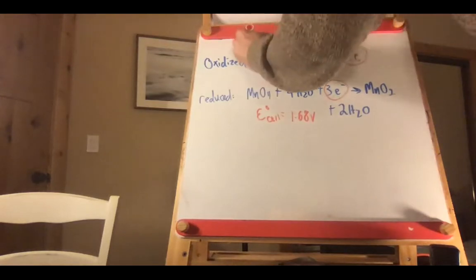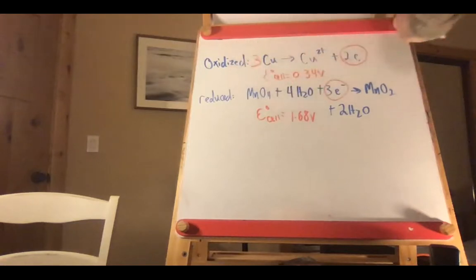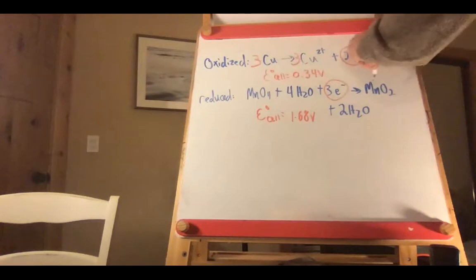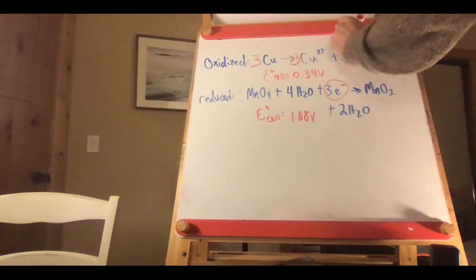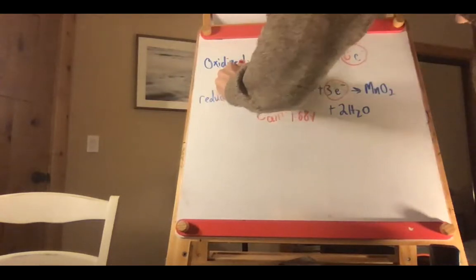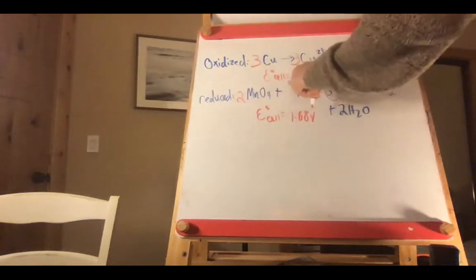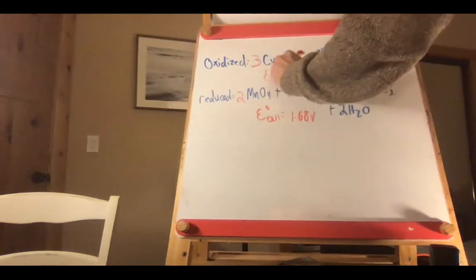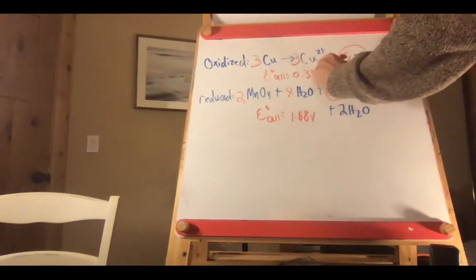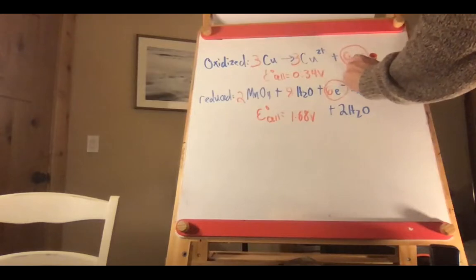We have this times 3, so that's 3 coppers. And then we have this times 3 copper ions. And then that's going to give us 6 electrons. We multiply everything down here by 2. 4 times 2, that gives us 8 waters. 3 times 2, that balances the electrons, 6 electrons, and then 2 here.